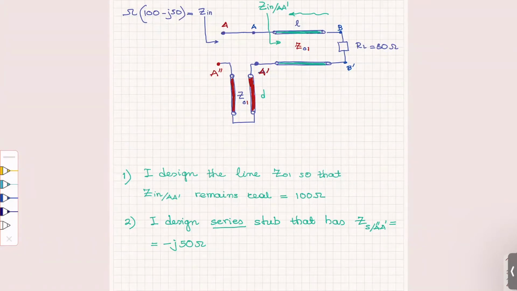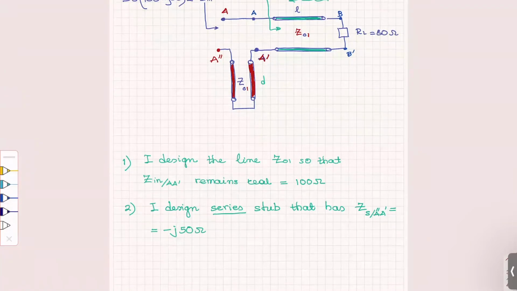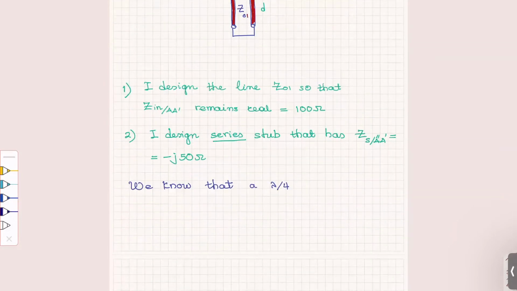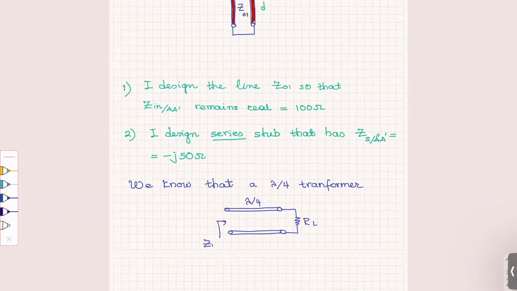Then we have learned, so now I'm trying to do the things that I've learned. What do we know? We know that a quarter wavelength transformer can transform real to real. In a quarter wavelength transformer, which is something like this, that's lambda over 4, that's a load which is real, and that's an input impedance, which is also real.